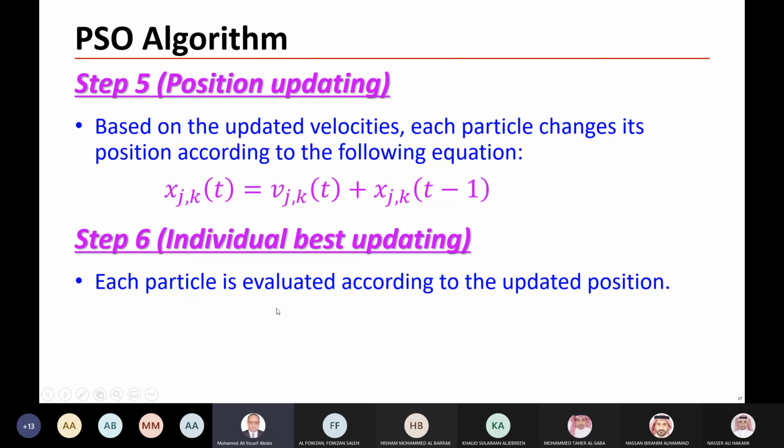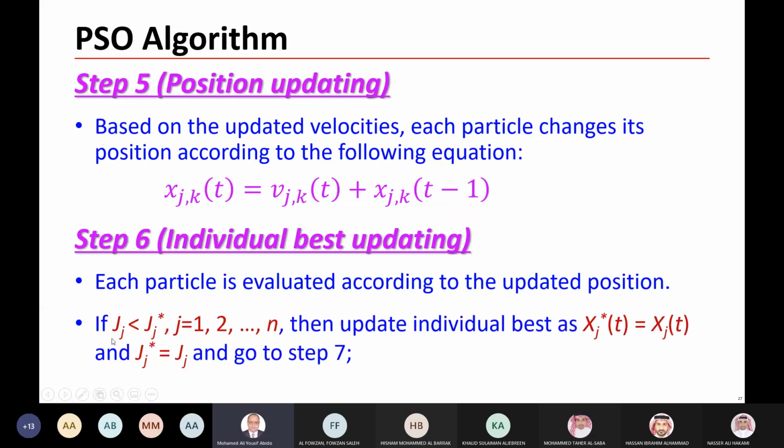You calculate J, and if J of the particle's new position is less than the local best objective, in this case, you need to update the local best. So you set this value as the local best and the updated position as the local best position.